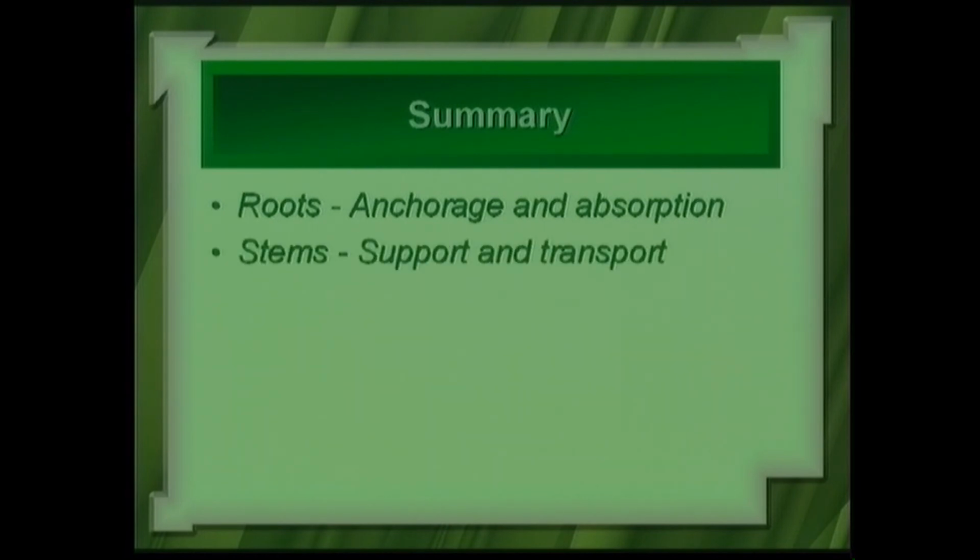Stems function in supporting the leaves and also in transporting materials inside, and then we have the leaves that do photosynthesis. That's all we have time for today, but I'm looking forward to seeing you again, and we'll continue with the plant body. Thank you. See you later.